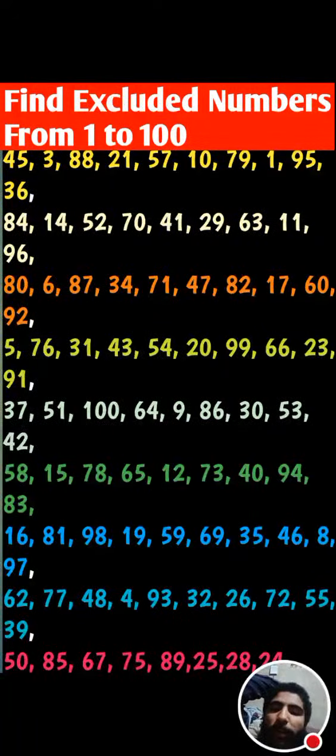We have found 8 numbers, 6 are included and 2 are missing. The two numbers that are missing are 2 and 7. The included numbers are 1, 3, 4, 5, 6.